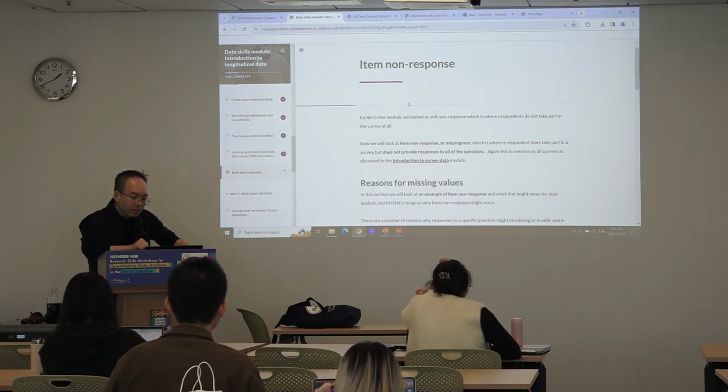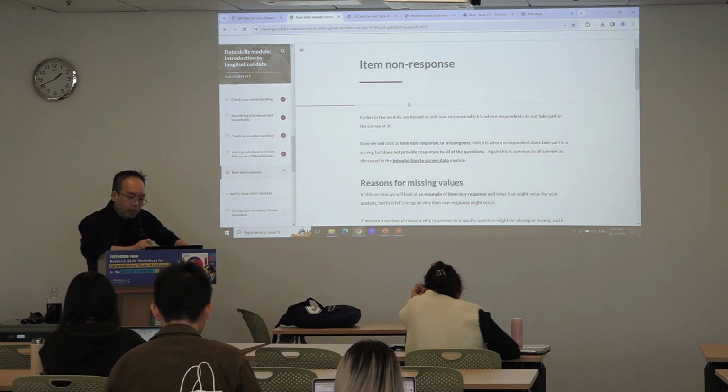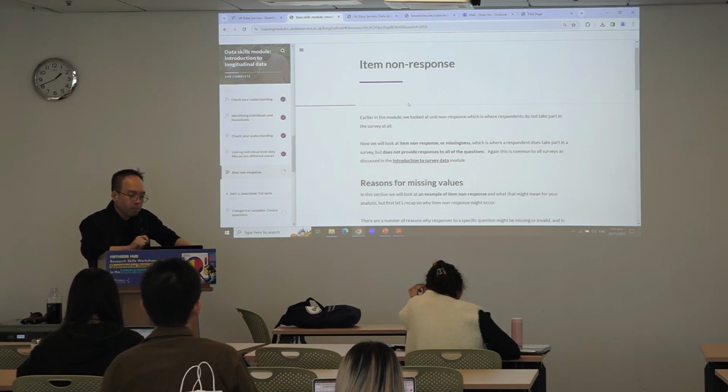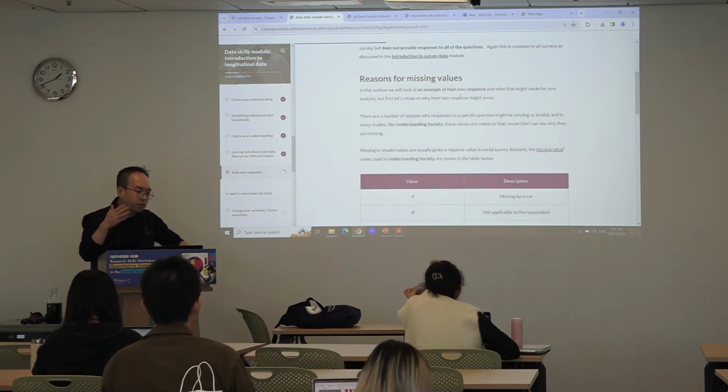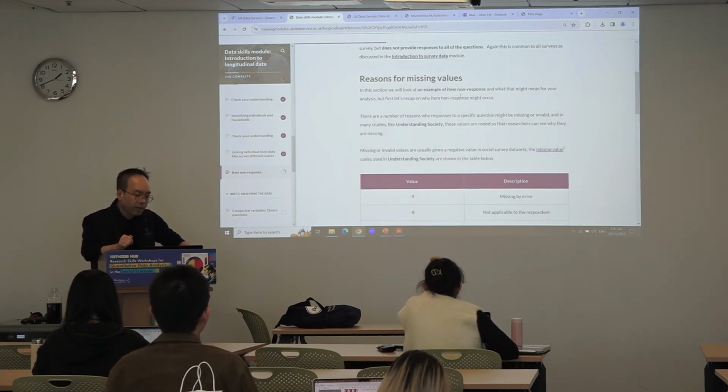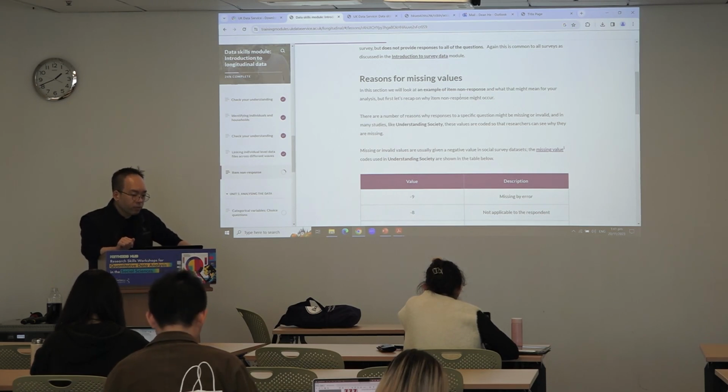Now, item non-response, or missing variables, is when a respondent does take part in a survey, but does not provide a response to all the questions. Again, this is common to all surveys, as we talked about from the beginning in the survey data part, okay? But there are many different reasons for missing values.